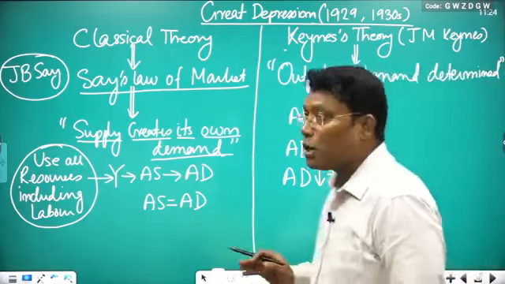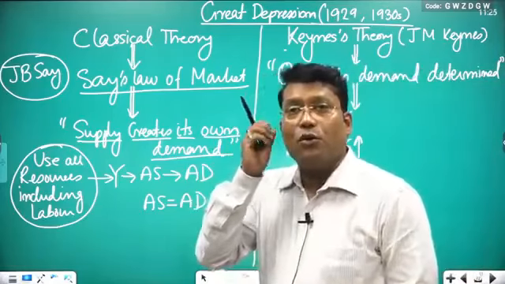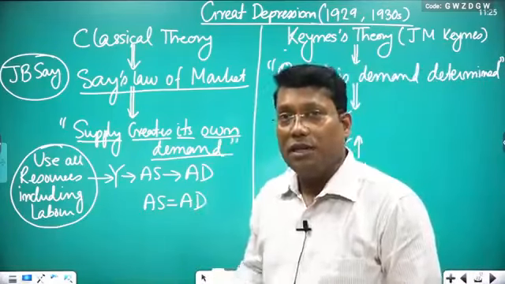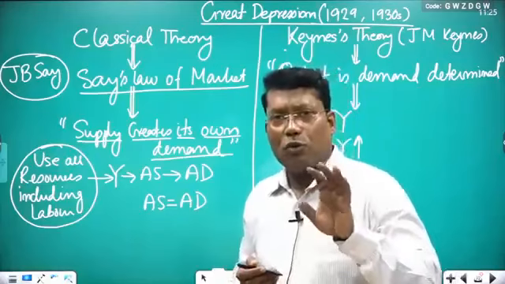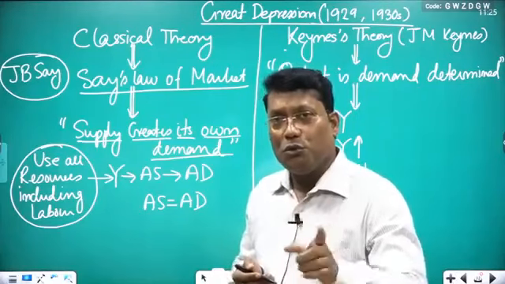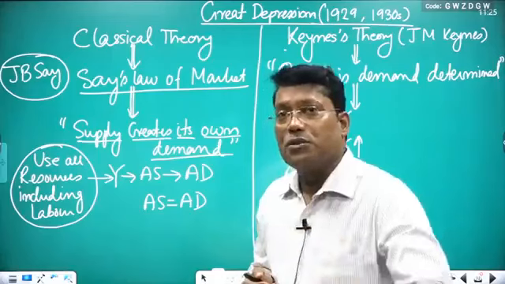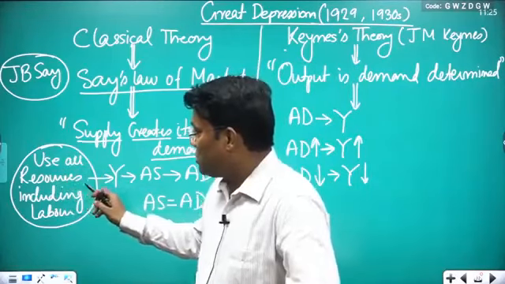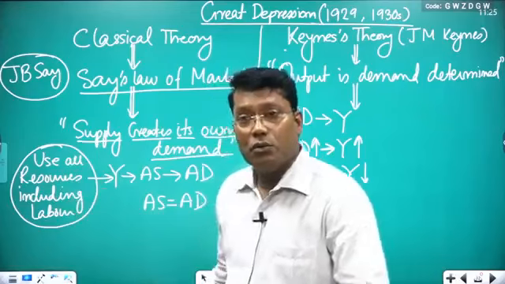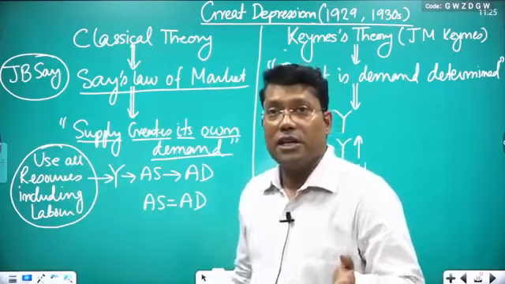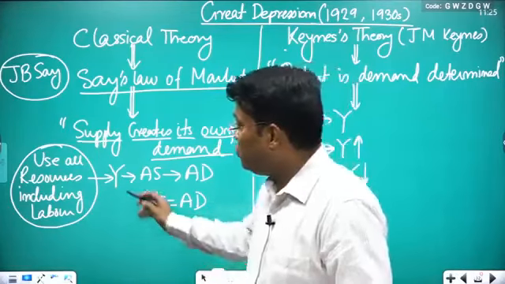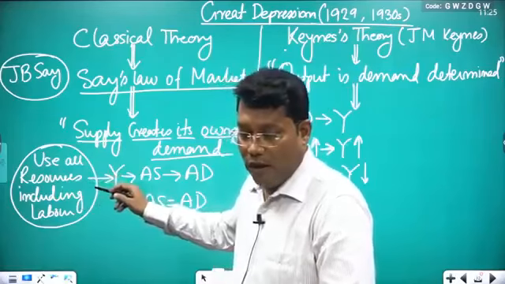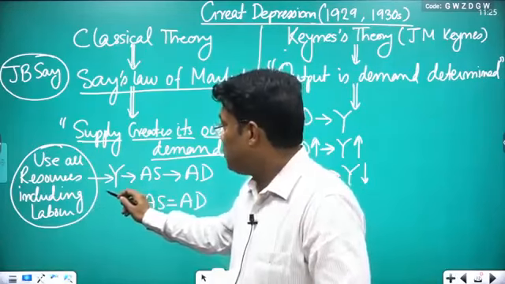It means, what is the meaning of this theory, is that any economy you take should use all resources optimally. Like I have written here, use all resources including labor, and after use of all resources, you produce the output.